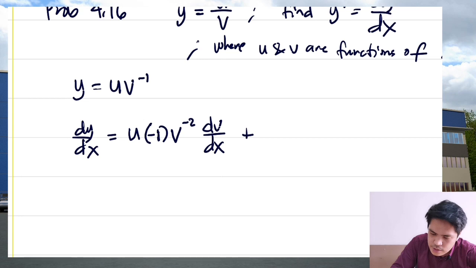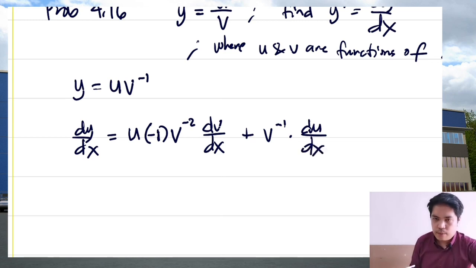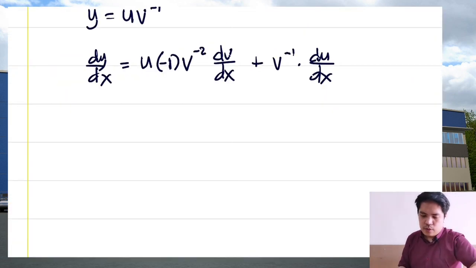Then plus, copy this, v raised to negative 1 times the derivative of the first function, which is simply du over dx.